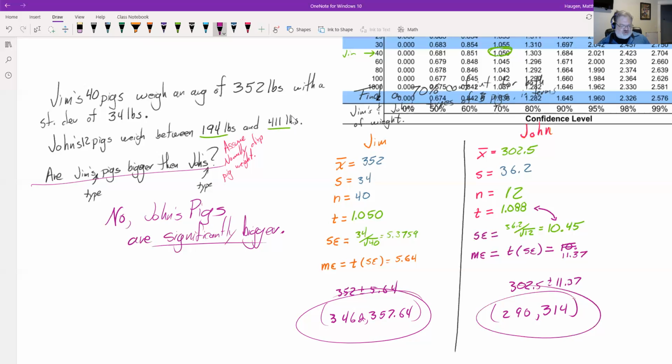We often use that word in conversation to emphasize that they're a lot bigger, but really it means significantly to a statistical degree. They're bigger enough on average that they're a different thing. Jim's pigs are different than John's to a statistically significant degree in terms of size.